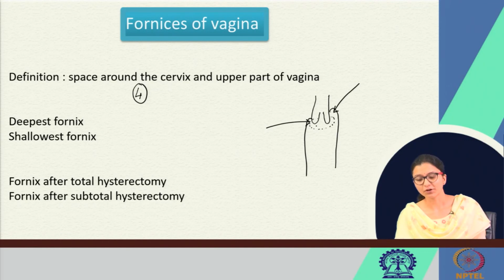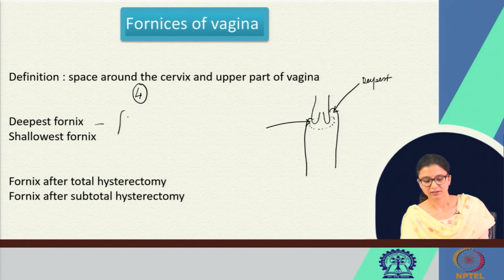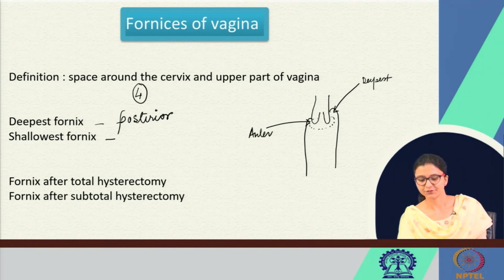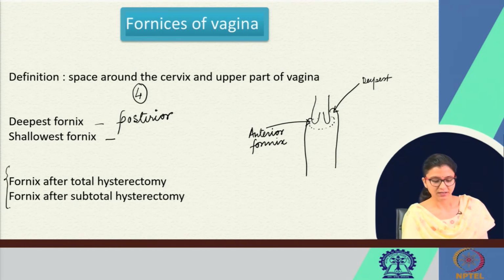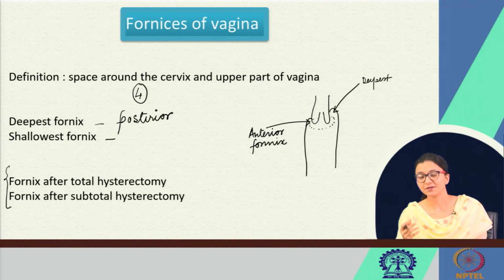What is the deepest fornix? It is the posterior fornix, deepest. Shallowest fornix is the anterior fornix. And a very important question is what fornices are present after total hysterectomy.